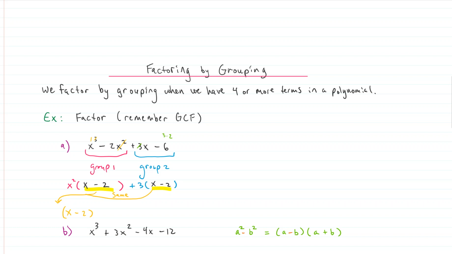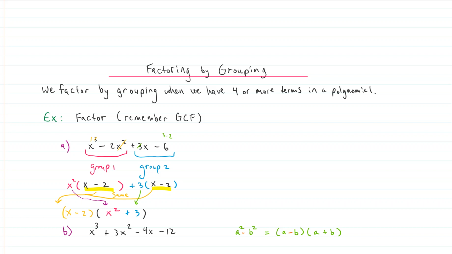And what's left over? We have the x squared term that was out front, and we have the 3 term that was from the second group.